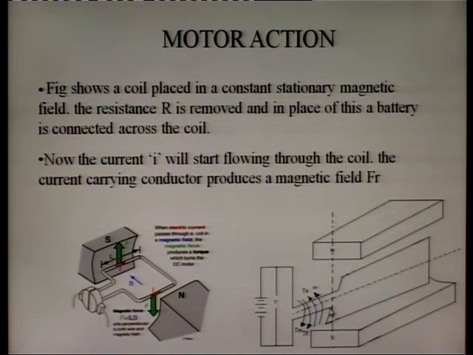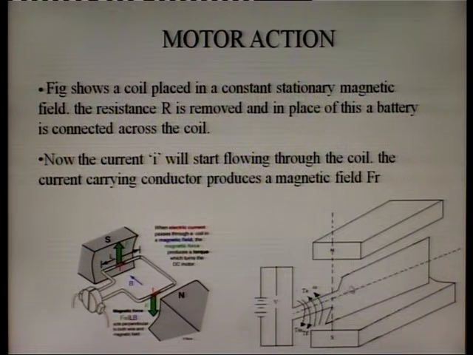According to this, whenever a current carrying conductor is placed in a magnetic field, a force will be experienced, which will rotate the rotor in the direction of applied current. So Te is the electrical torque which is generated with the help of electric current. Accordingly our rotor will rotate in the same direction as the electrical torque. So the first action is this.